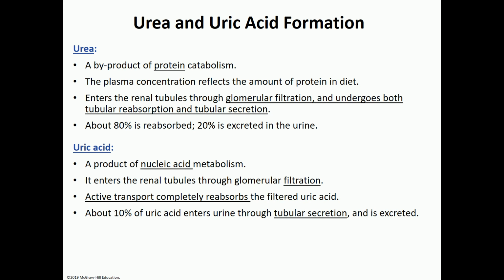These are normal products that occur in the body, but we do not need them in the body. So both of these products are filtered through the glomerulus. They both undergo some sort of reabsorption followed by tubular secretion. And at the end of the day, 20% of urea is excreted in urine, while about 10% of uric acid is excreted.